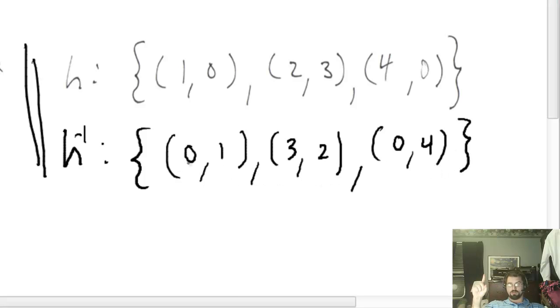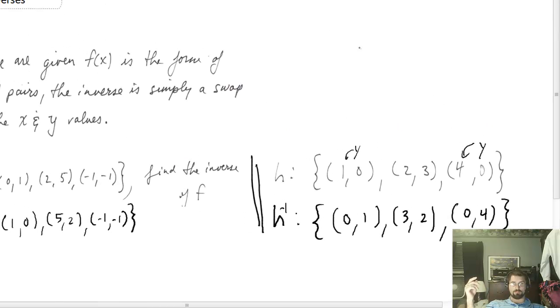A function cannot have the same x going to a different y. So why did this happen? Why is this inverse coming out to be not a function? And the answer is, if you look back up here, the original function, h, was not one-to-one. We had one y that had two x's.